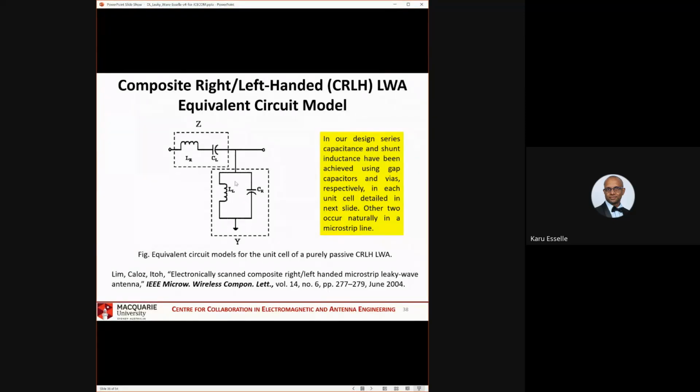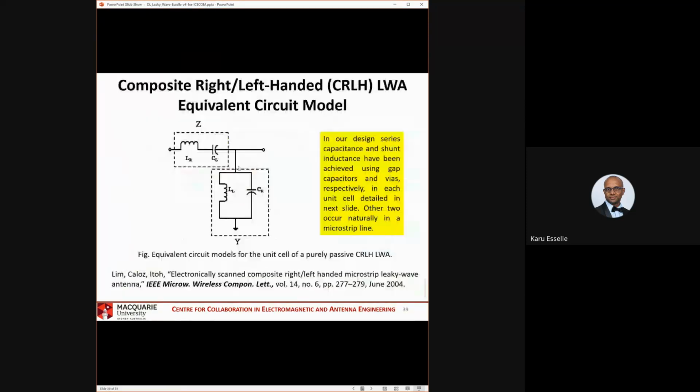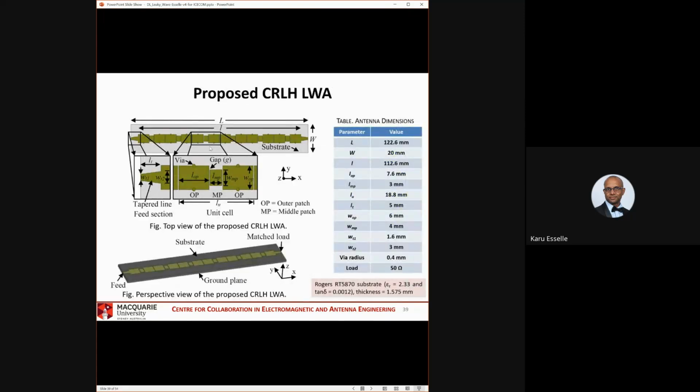So this can be achieved by adding extra elements to the leaky wave antenna. You can add shunt vias to get the shunt inductance, and to get series capacitance, you can allow gaps in the transmission line.